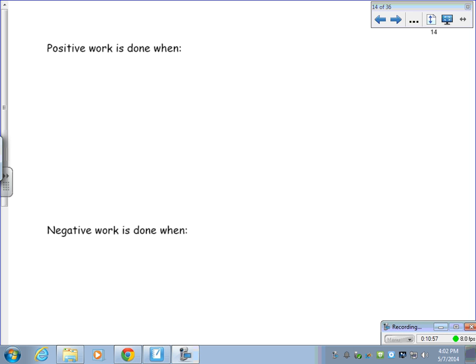Now we can have different types of work. We can have positive work, we can have negative work, and then we have situations where no work is done. So we're going to look at each of them. Positive work is done when the displacement and force are in the same direction.